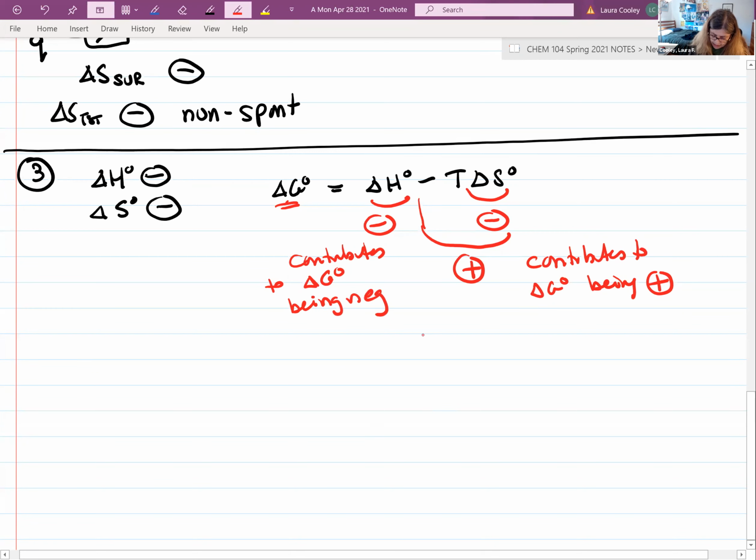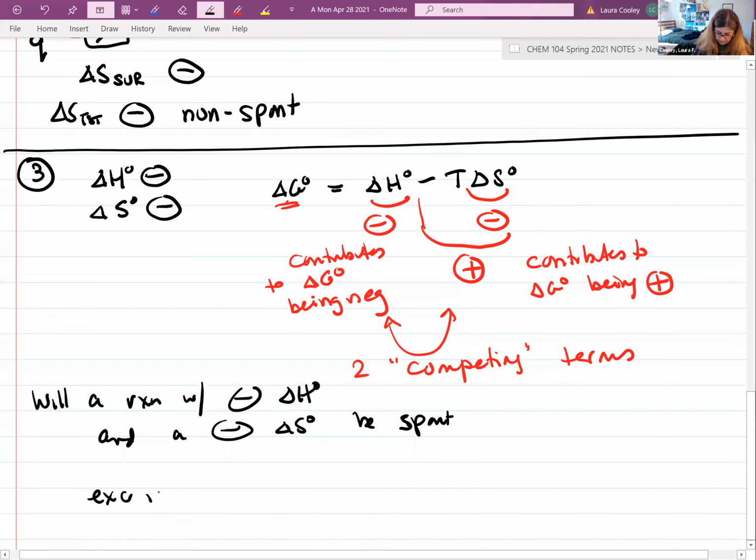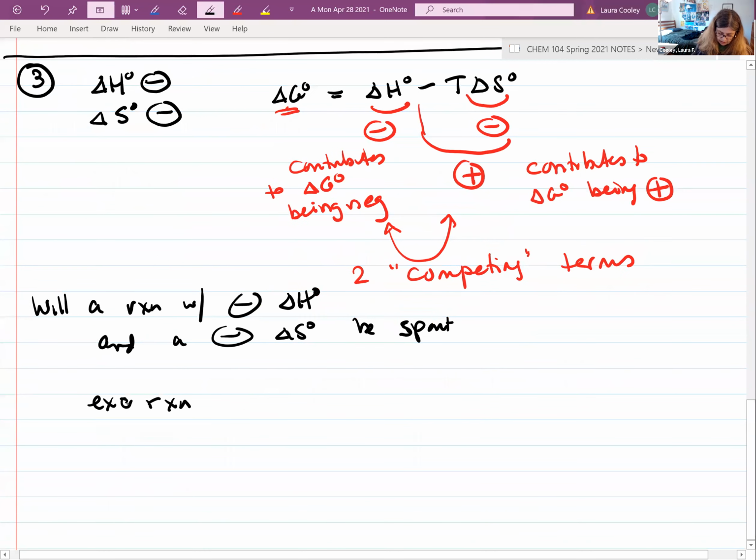And so we have two competing terms here. You can call it that. So will a reaction with a negative delta H and a negative delta S be spontaneous? This is an exothermic reaction in which there is a decrease in disorder, an increase in order.